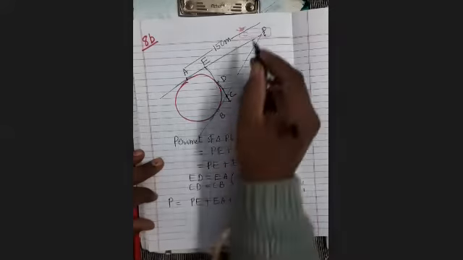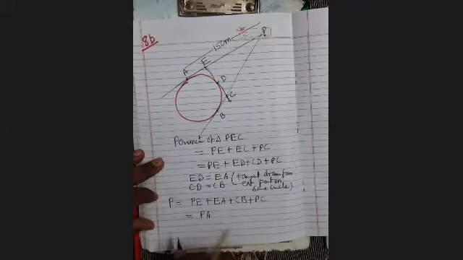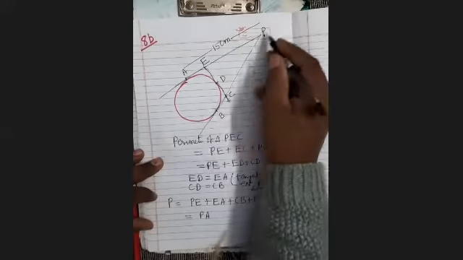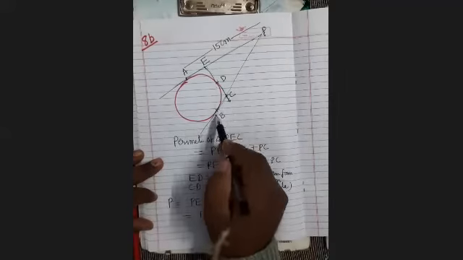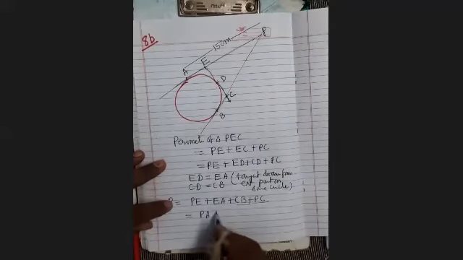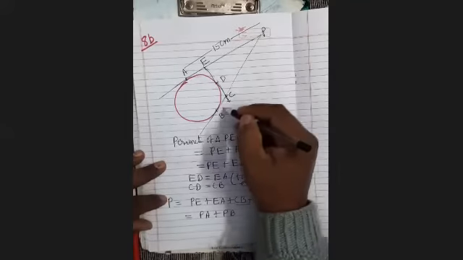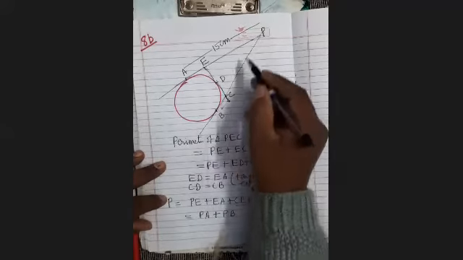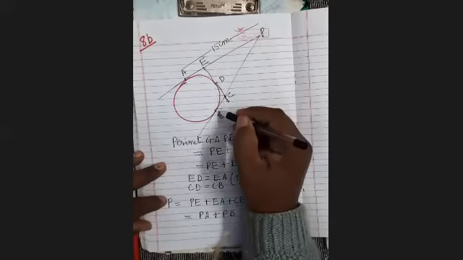Now, what is PE plus EA? PE plus EA equals PA. What is CB plus PC? You see in the diagram, CB plus PC is equal to PB. But PA and PB are also equal, tangents drawn from external point P to the same circle.